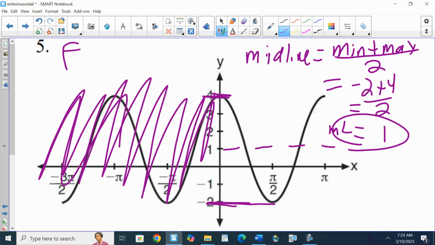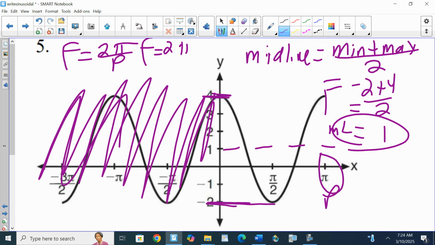Well, my frequency is 2 pi over the period. The period is where the first full wave ends. My first full wave ends here at pi, so my period is pi. So my frequency is 2 pi over pi, which is 2. My frequency is 2, my midline is 1.